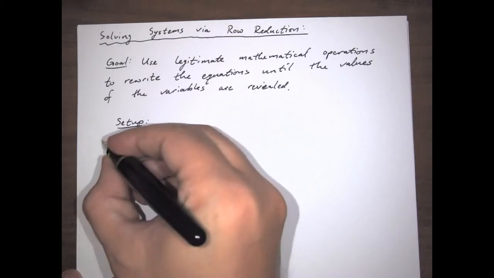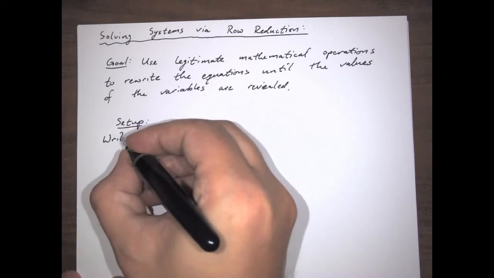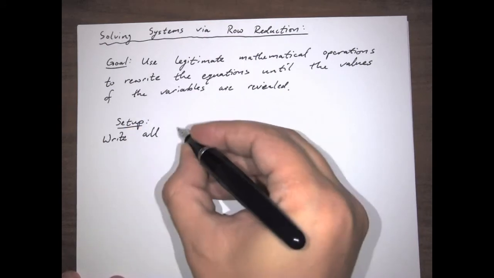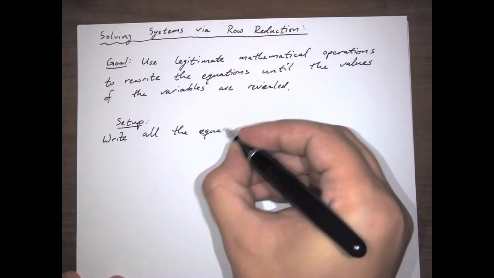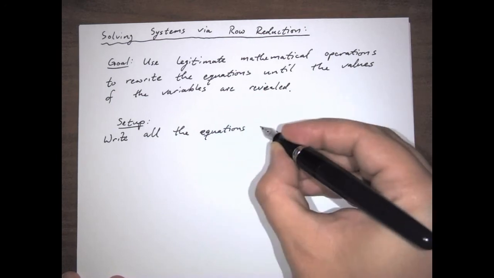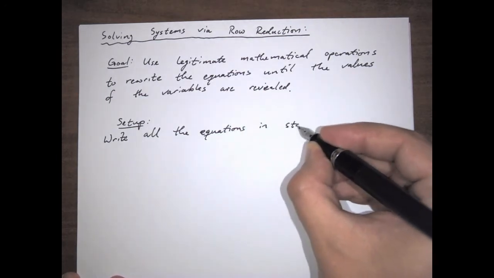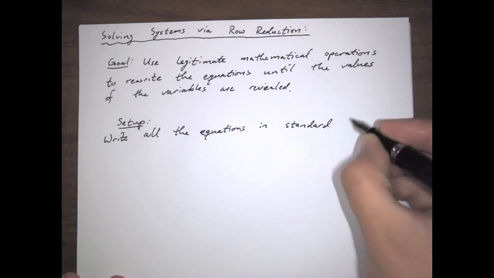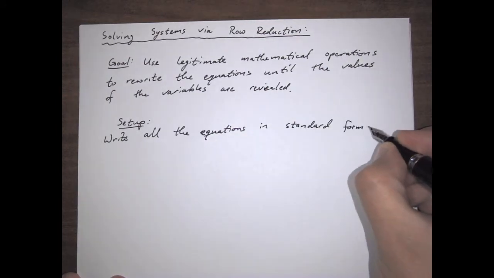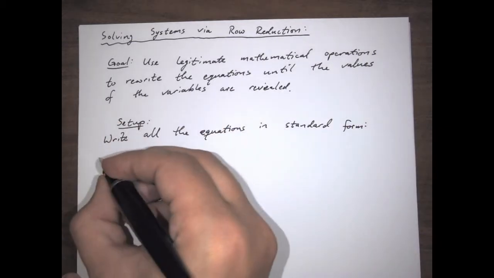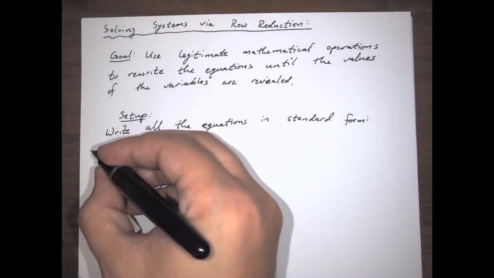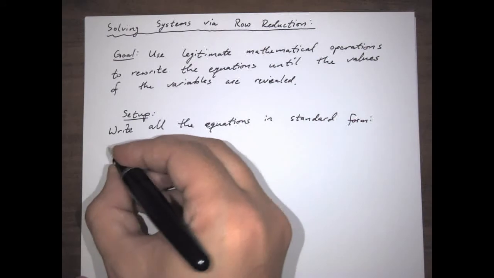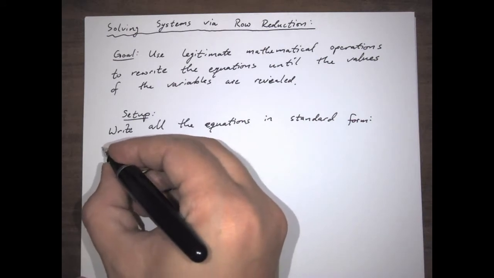So first, the setup is to write all the equations in what's called standard form. And by that what we mean is that the terms that contain the variables with their coefficients are on one side and then the constant terms are on the other. And in particular, the variables will be on the left.